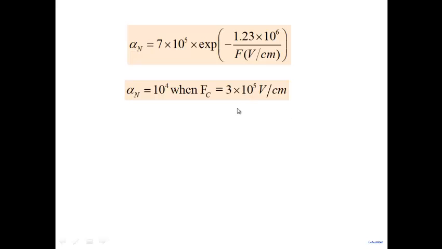So it's sort of a critical field that people take for onset of impact ionization. Below this particular field, impact ionization is small. It doesn't have that much effect. Above this particular field, impact ionization is large and then results in a large change in generation rate. Okay, so this is the critical field that people take where a significant amount of impact ionization occurs.